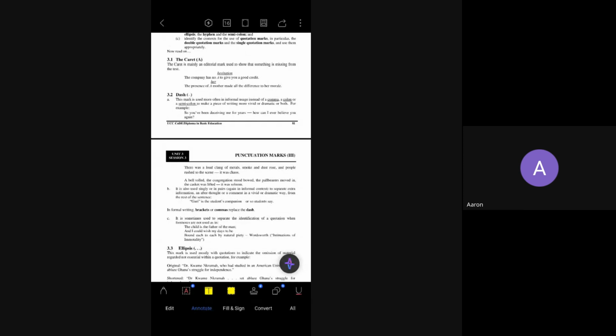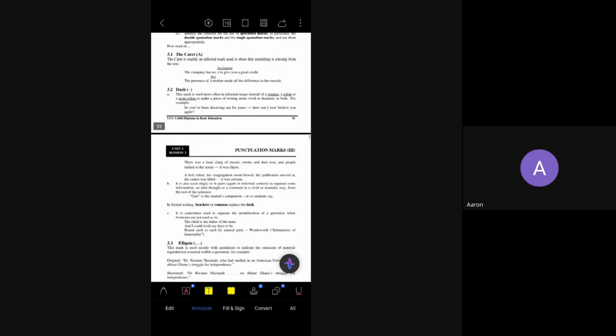In a sentence like "I will home", you forget something. The moment you realize you reread and you have forgotten it, what you just need to do is bring the caret sign or the omission sign, and you bring the missing word, which will be "go". So I will go home. But when I was writing, I omitted the "go" and wrote "I will home". So in this case, you bring the caret sign and you write it there.